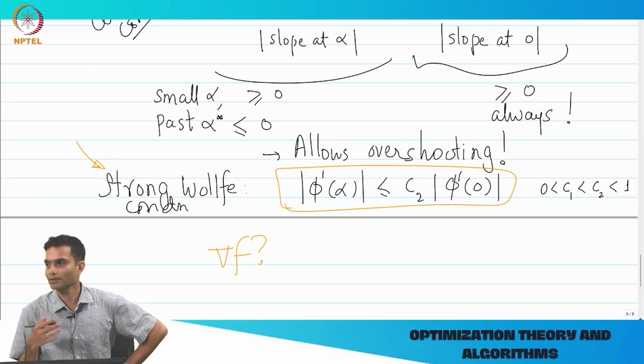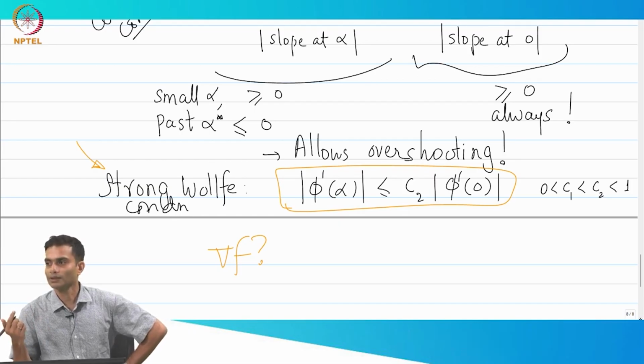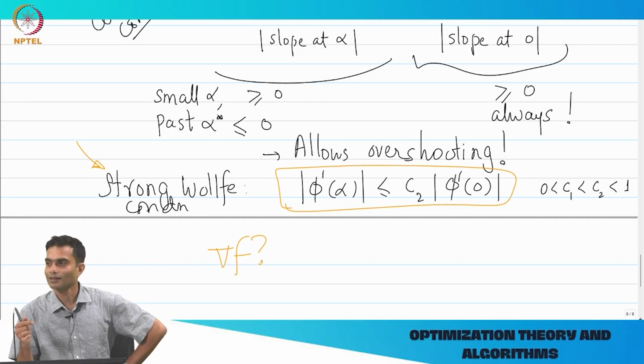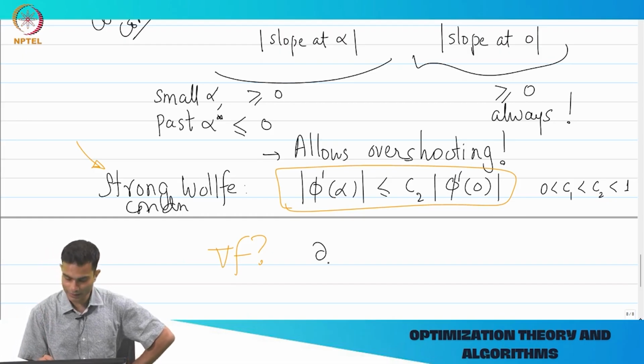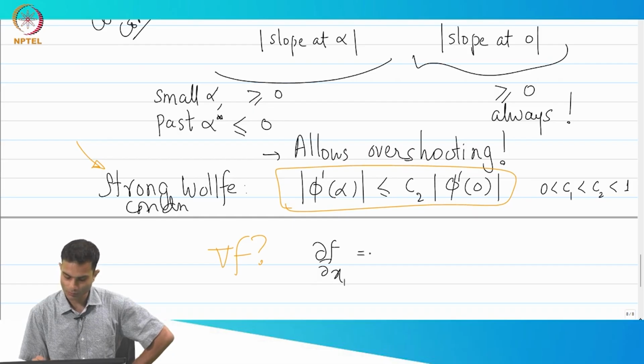We have all studied this in class 11 and 12, that's the hint. Take 2 points and then take the function value, take the difference. Is there a nice name for this technique? Rate of change, okay. Finite difference, right? So df by dx1 was equal to what?